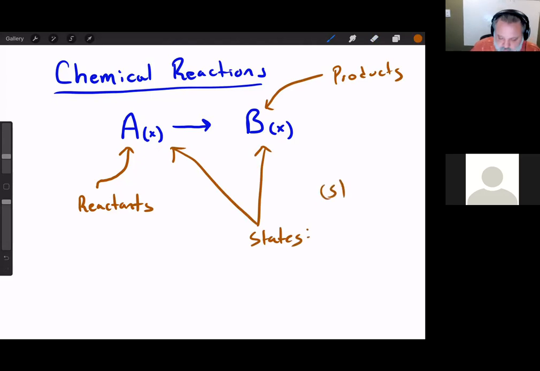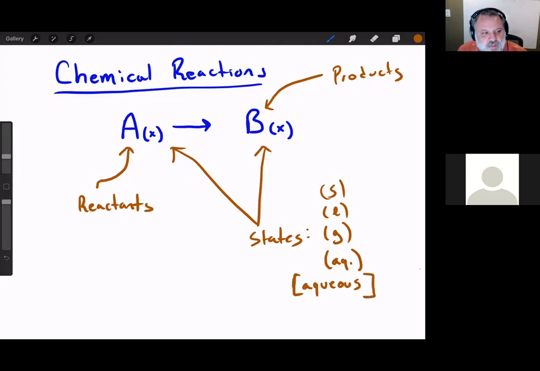Solid, liquid, gas. There's one more state that you'll see. What does AQ mean? That means aqueous. Yep, that means dissolved in water.